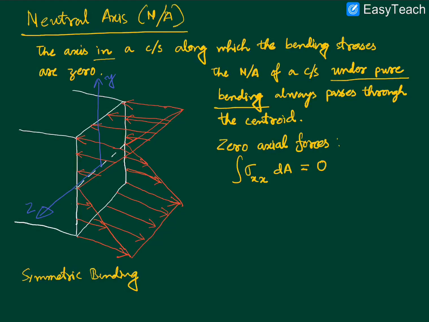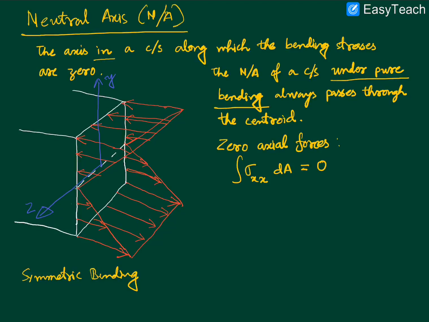Now, because we are accustomed to seeing this picture, we may say that what is the point of trying to prove this, because we can clearly see that the neutral axis is very much in a symmetric position in this diagram, which means that the neutral axis is surely passing through the centroid, and we have taken the z-axis also to be coinciding with this, so everything is perfect here. But as I said, what we are going to develop here will also pertain to a very general situation.